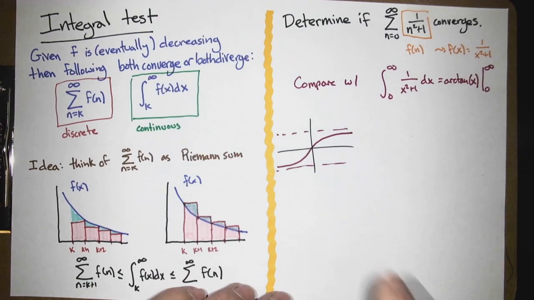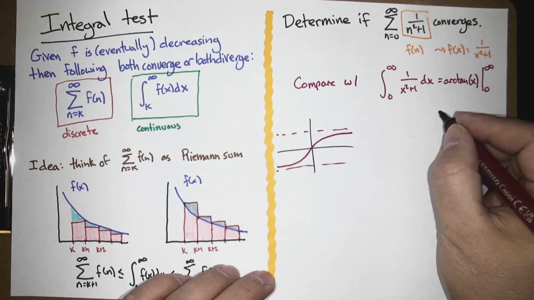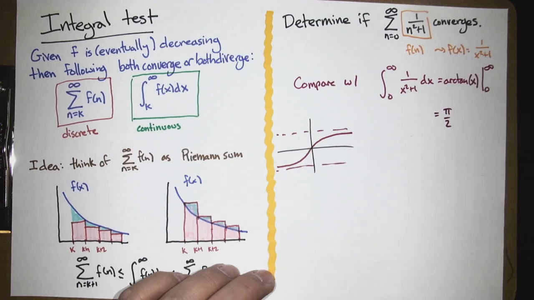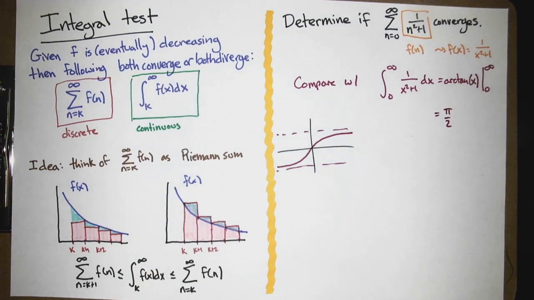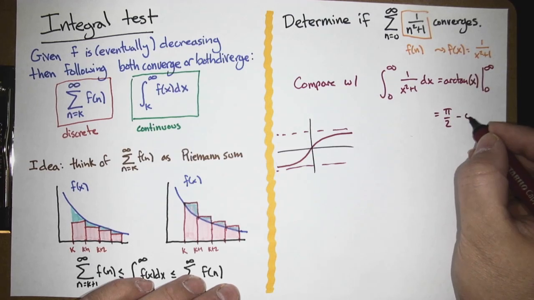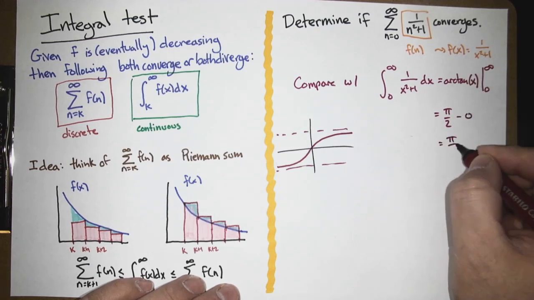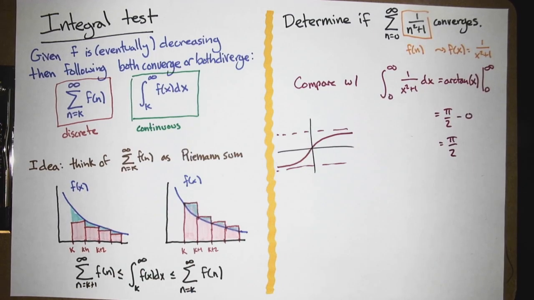It approaches the horizontal asymptote of pi over 2. So oftentimes we say you plug in infinity, but no, it's like as your x gets big, what happens? Arctangent of 0 is 0. Now, do we care about this value? No.